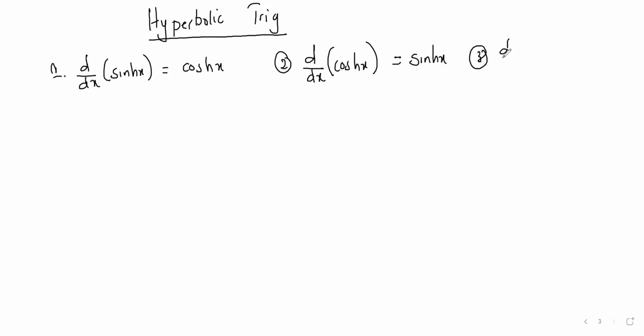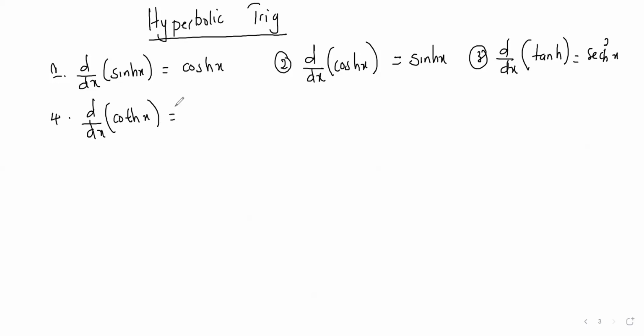Three, the derivative of the hyperbolic tan is sech squared x. Four, the derivative of the hyperbolic cot is going to be negative this guy.